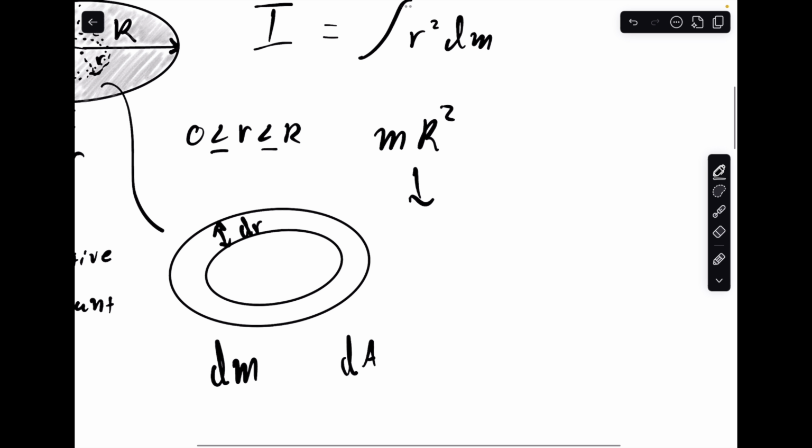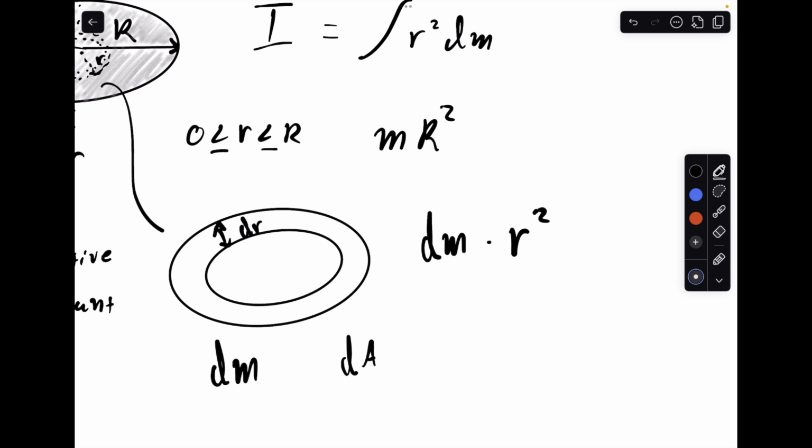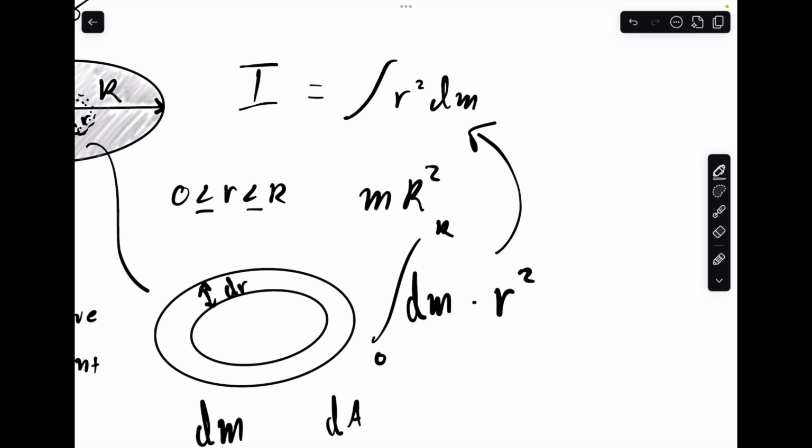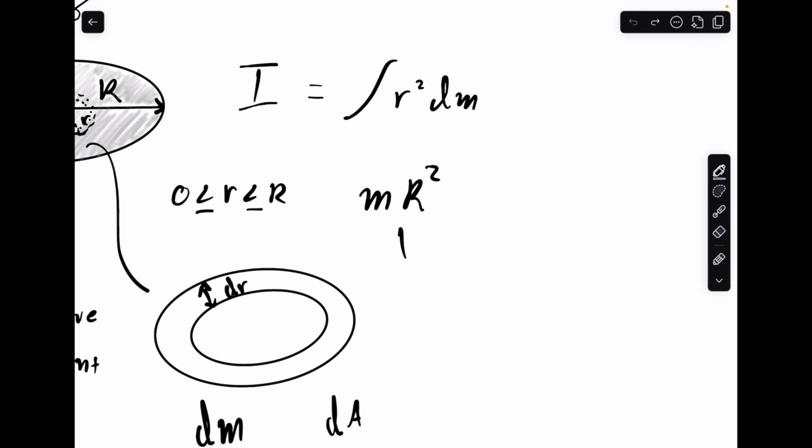So if I take that little mass dm of the hoop at radius r, and I sum all of those hoops up from 0 to r, doesn't that look like my rotational inertia equation? Yes, it does. So that's where that comes from, and hopefully you can understand that conceptually.